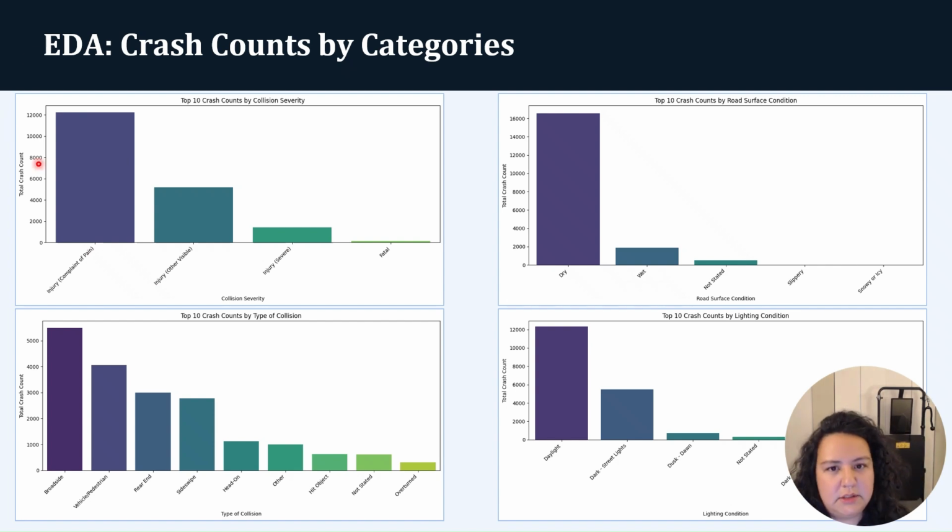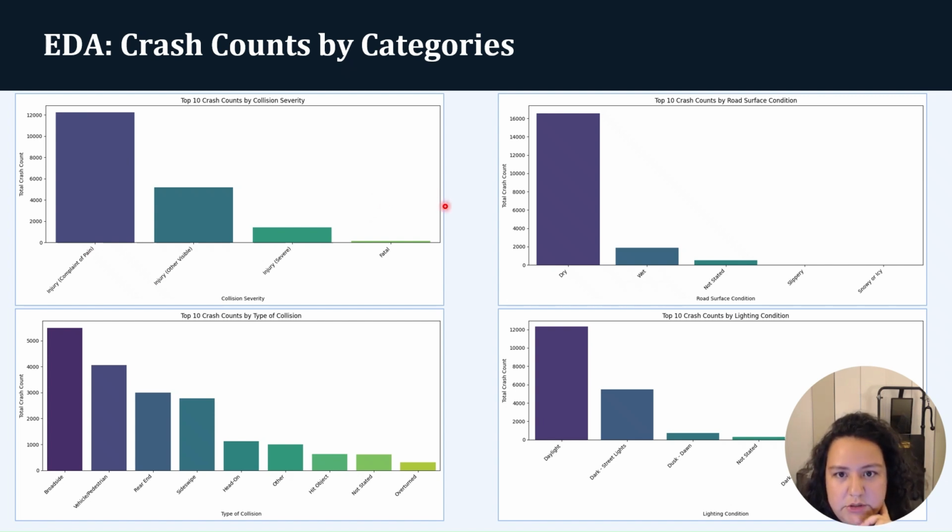These 4 bar charts give a snapshot of the distribution of crashes across key categorical variables. Looking at collision severity, complaint of pain is by far the most common outcome, with visible injury and severe injury considerably less frequent, and fatal crashes are pretty rare, which is going to be important when we discuss class imbalance in the models.